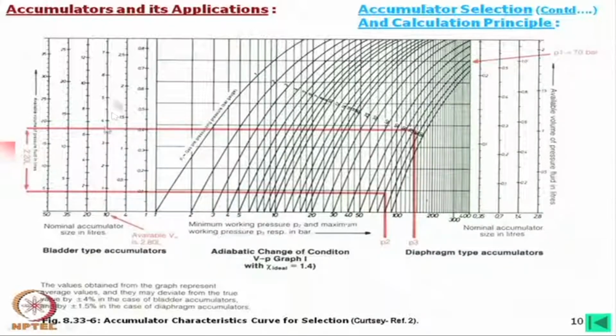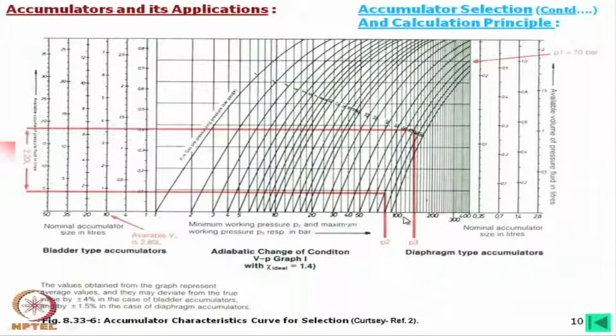Obviously, slightly more may be available from this system, and this is for the different pressure curves, 1, 2, 3. So, this is 50, and the pressure is P1 to P3. That means we are working maybe from 70 to 140.